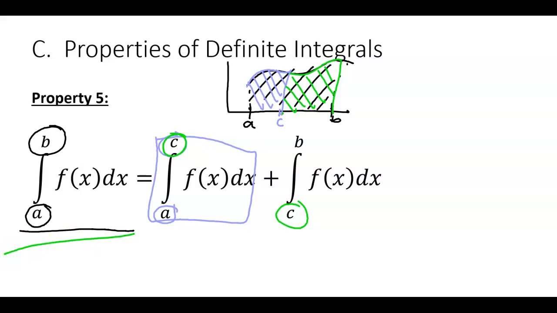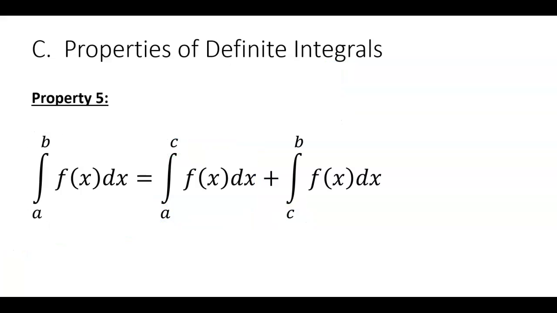So you've got to pay close attention to your limits on this problem. Where this one starts, that one will start at the same spot. Where this one ends, that one will end there. And those two integrals are connected at a common point. That puts them together in one giant area, right? And so that's another property we'll be looking at today.